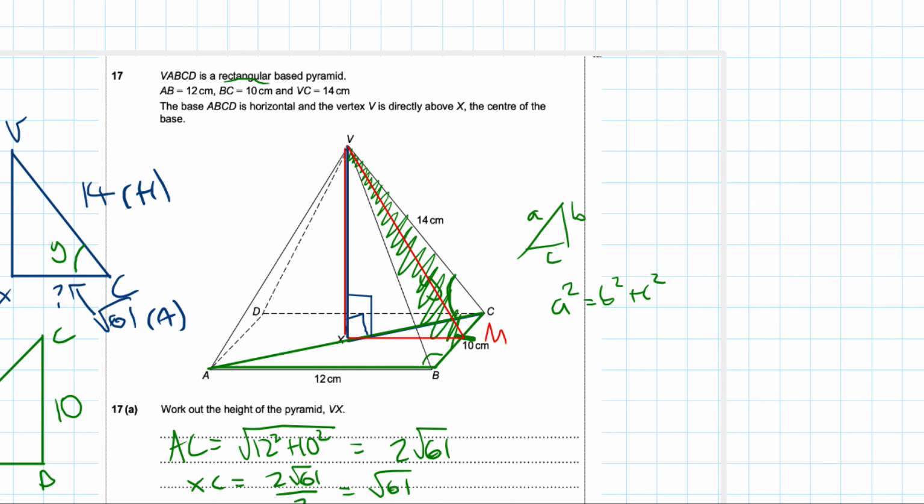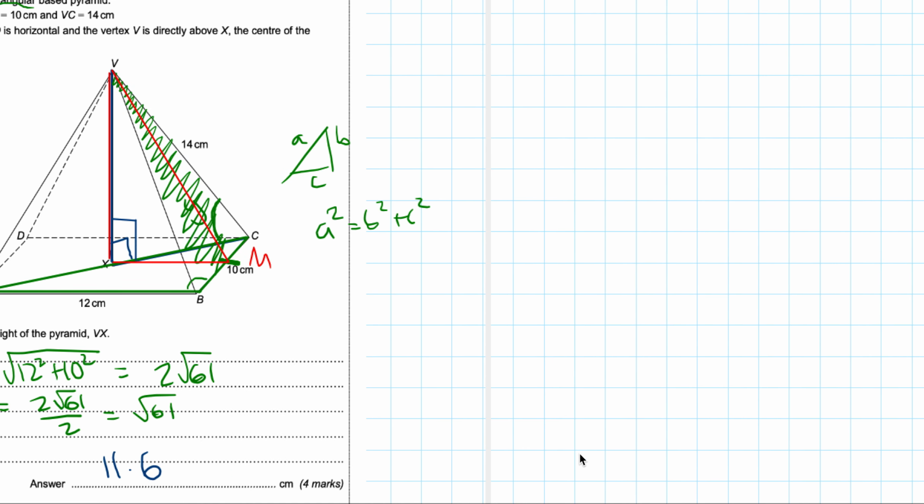If we draw this triangle out so we can still view it, we know that this is halfway, but we're not going to use any of these values here. What we do know is that X is halfway in our rectangle, so X to M must be half of AB, so therefore it's going to be 6 on our side. So this is going to be 6.